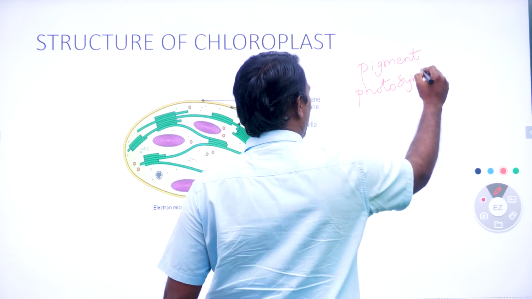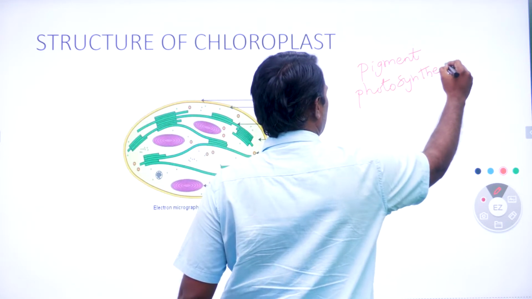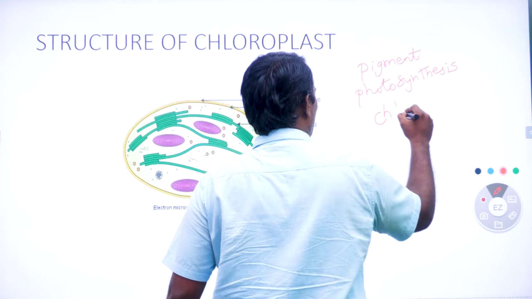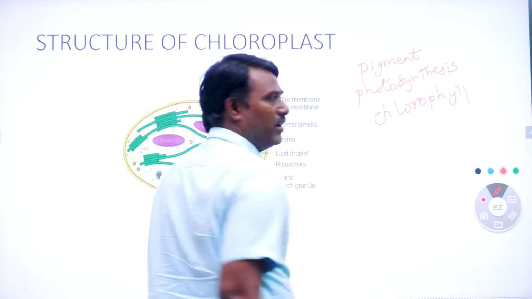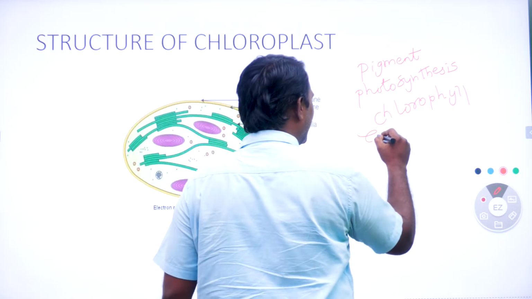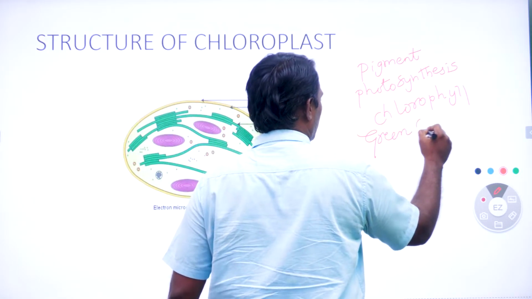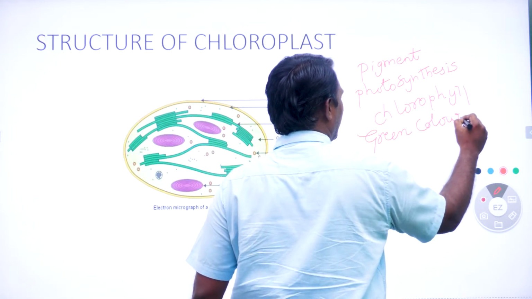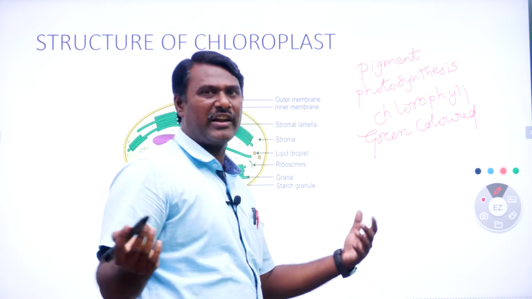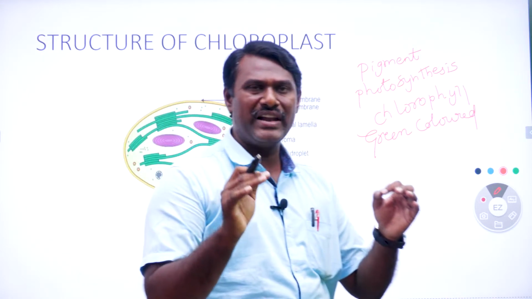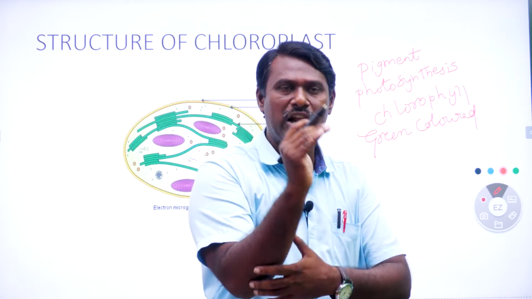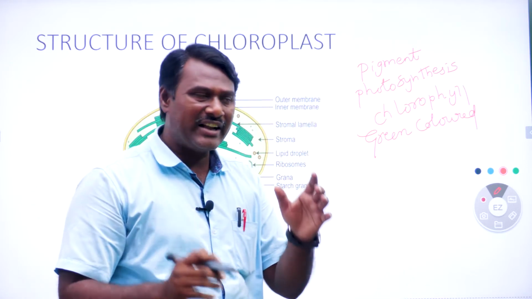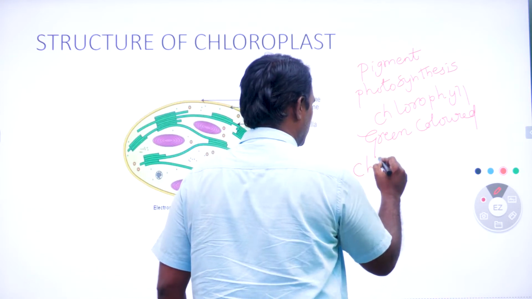The main pigment required for photosynthesis is called chlorophyll. Okay. So chlorophyll is the green color pigment. Pigment means nothing but color substance. Okay. Chlorophyll is the green color pigment, and it is present in chloroplast.